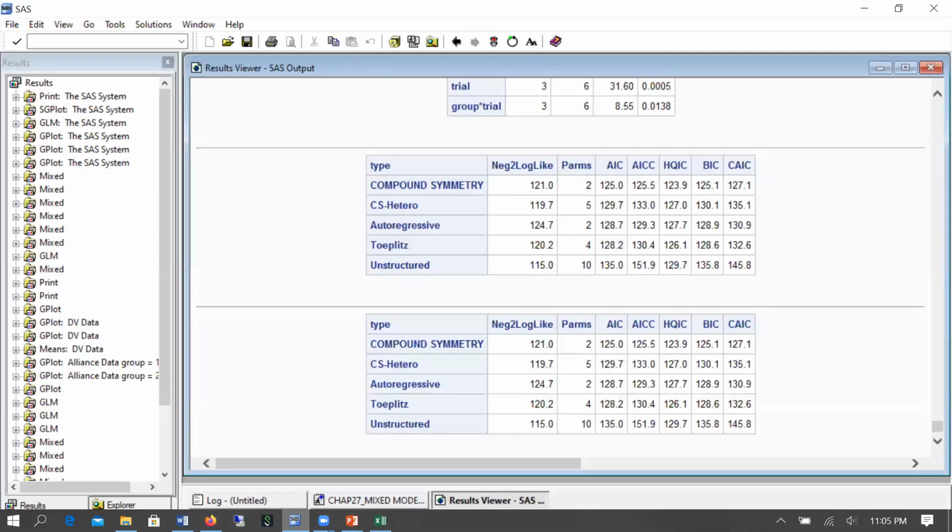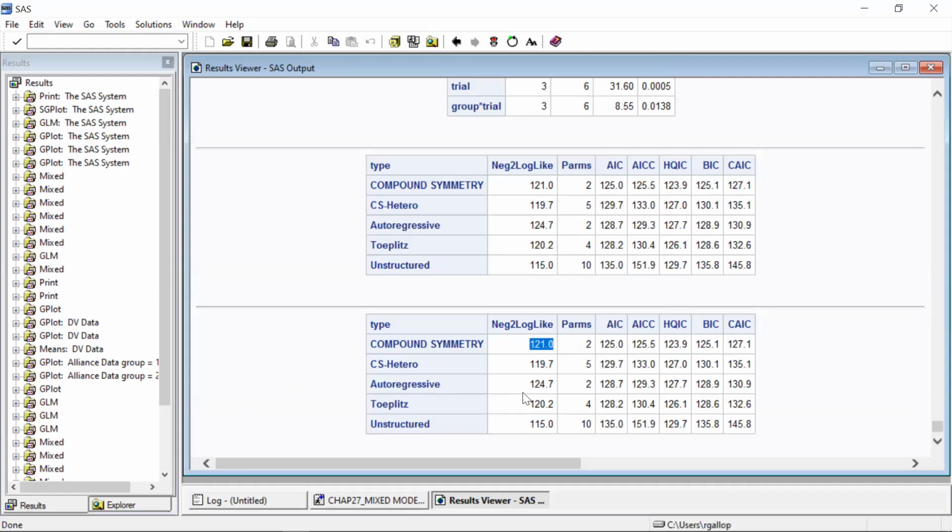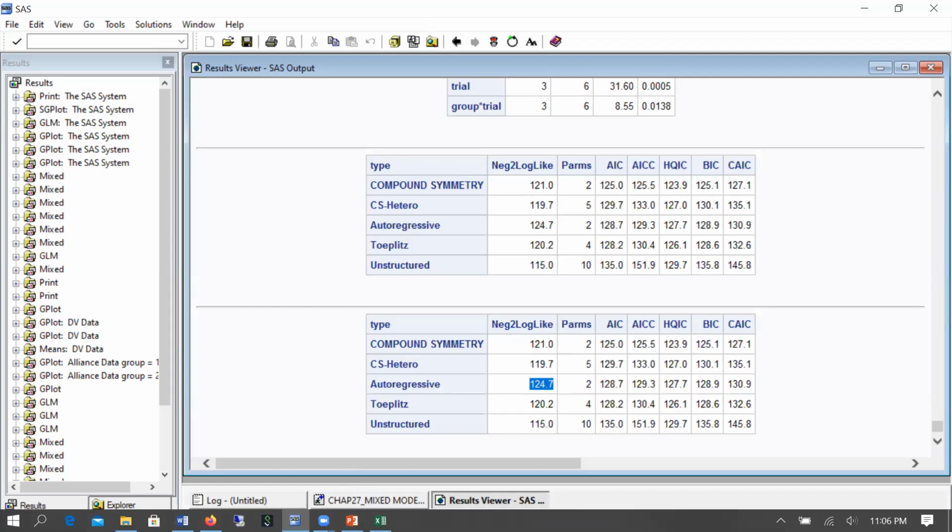Let me just get it printed out again. So the 120.2, we'll compare this to the 121 with 2 parameters. So now compound symmetry is better fitting than autoregressive. Same number of parameters, it's the one with the smallest value.